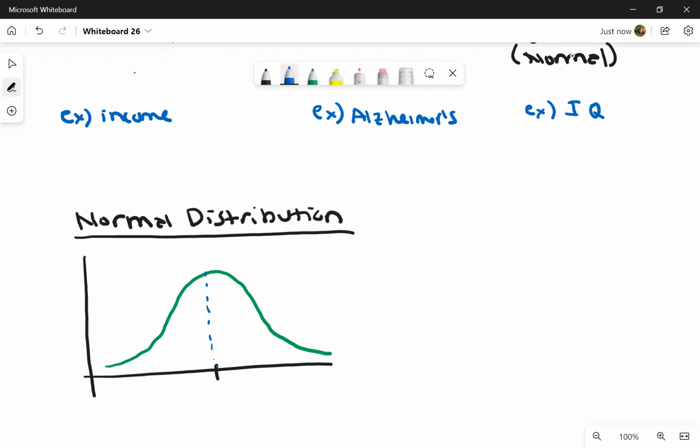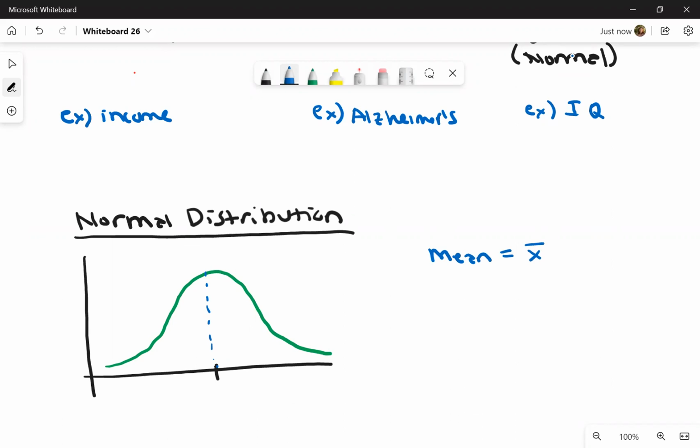Now, we're not going to get into those applications, but here's the cool thing it does do for us. It gives us some really cool information about the way the curve works. So in the middle is the mean. And by the way, I don't think I've used this symbol before, but I'm going to. The mean can be represented by X with a bar over it, or X bar.